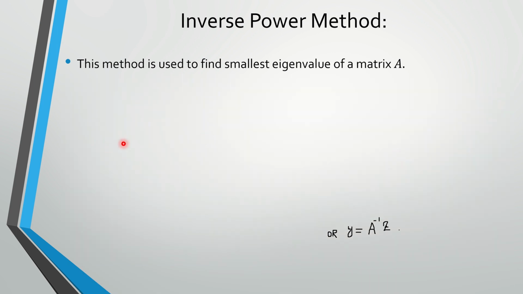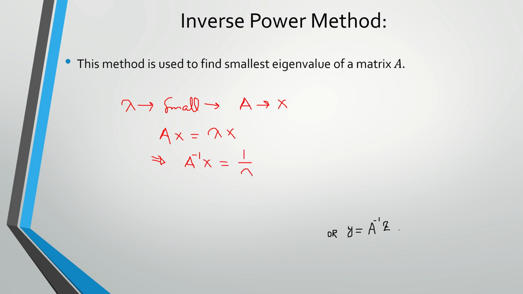If I go back and explain it to you, you should know that if lambda is the smallest eigenvalue of matrix A with corresponding eigenvector x, we would be writing this equation as Ax equals lambda x, where lambda is the smallest eigenvalue of matrix A. Can we write this equation in the form, if I multiply this with A inverse and divide by lambda, so we may write this as A inverse x equals 1 over lambda x.